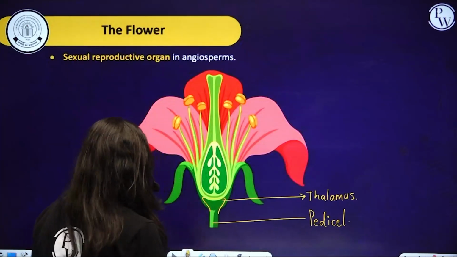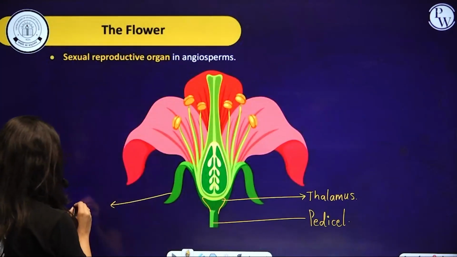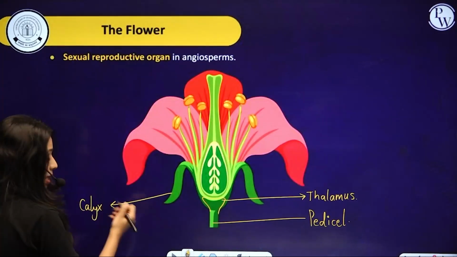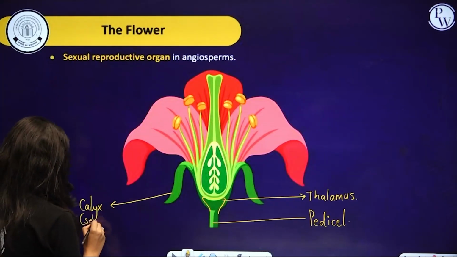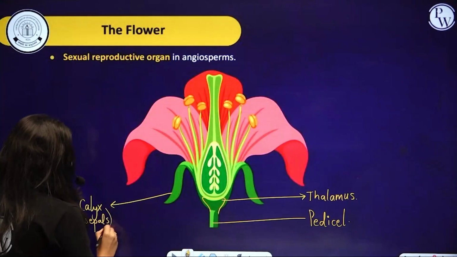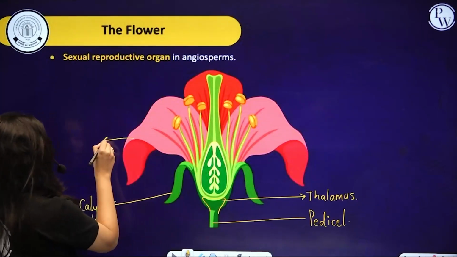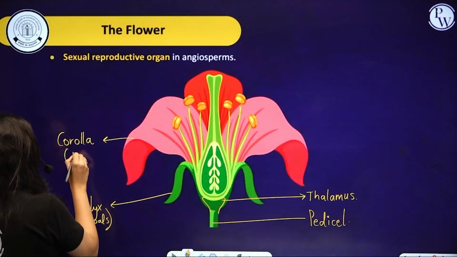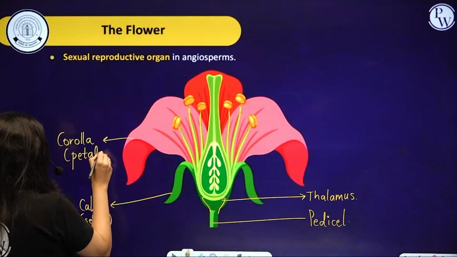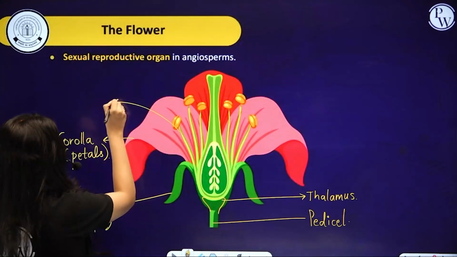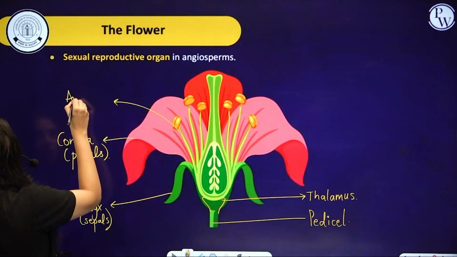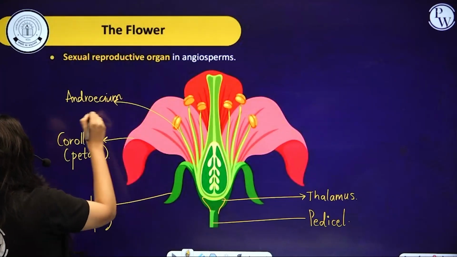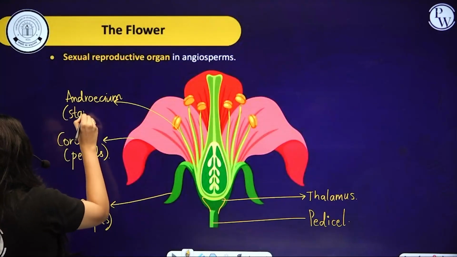Okay. So the outermost whorl over here is composed of sepals, which is collectively called calyx. Following that, we have corolla, which comprises of petals. Inside that, we have androecium, which has stamens.